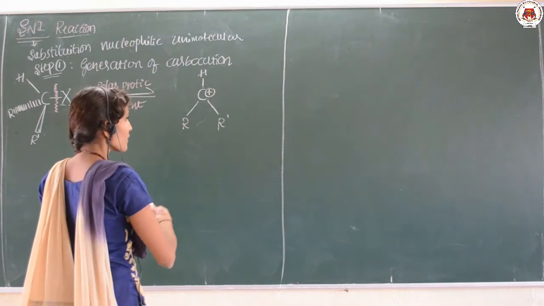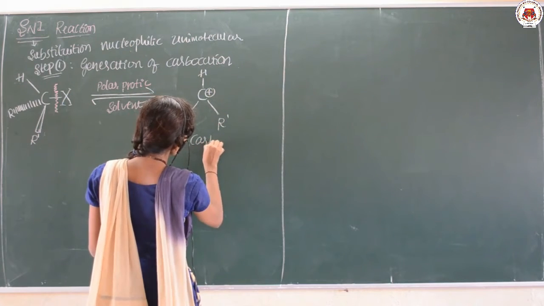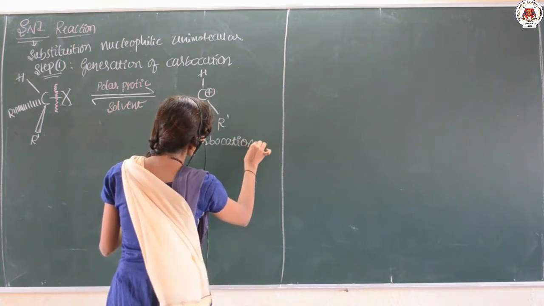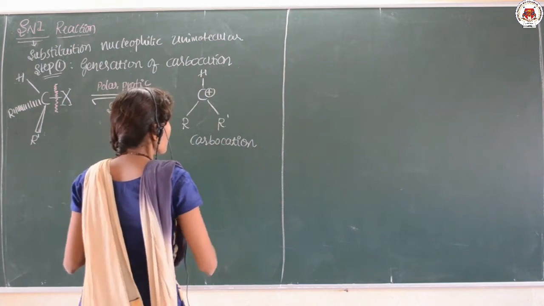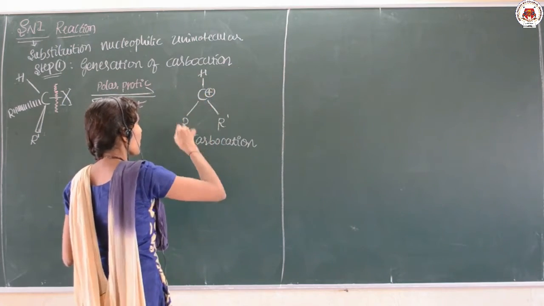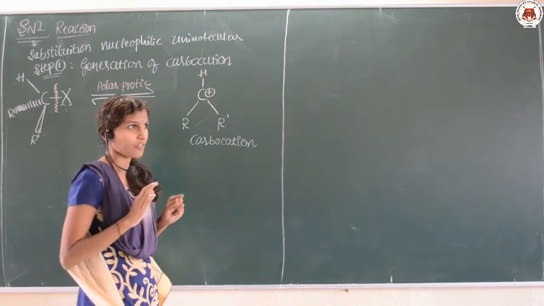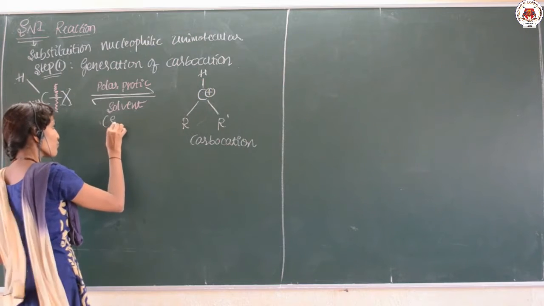Okay. And then there is a generation of the carbocation in the first step, and this is trigonal planar. So this is the first step, and this first step is very slow.